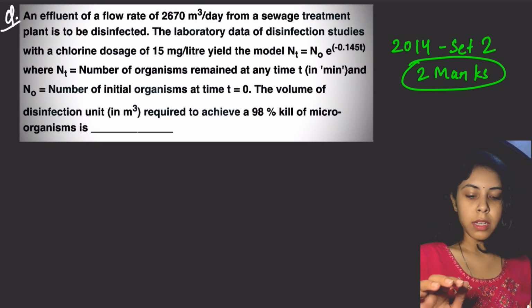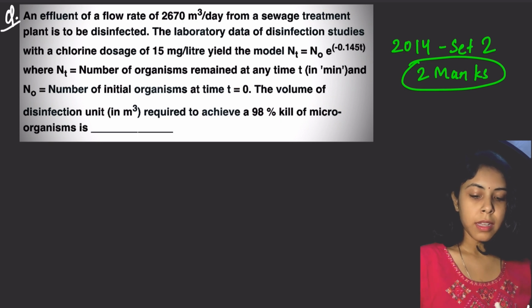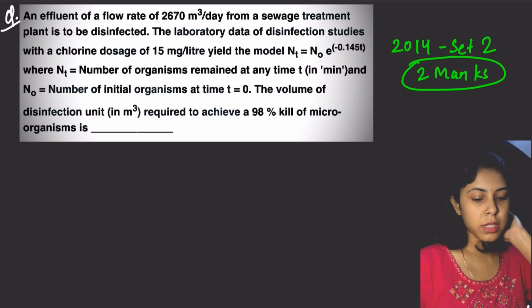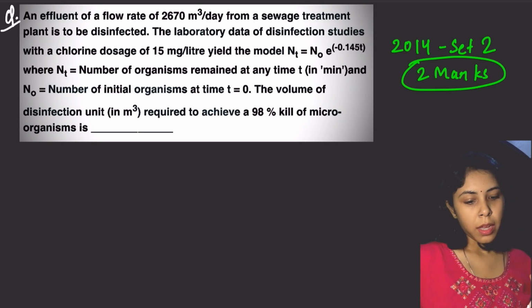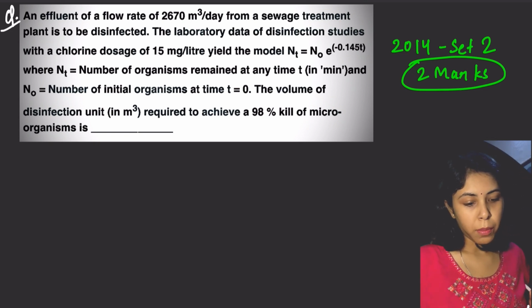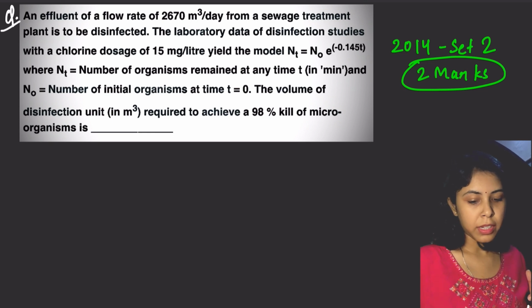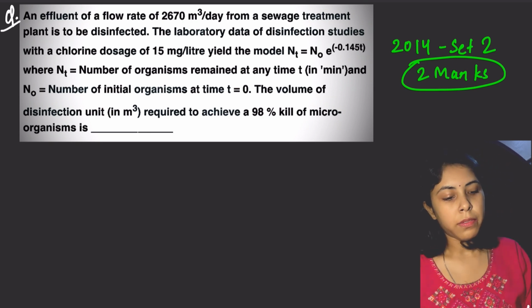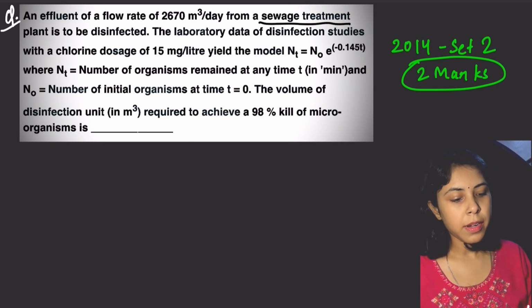So the question we read as: an effluent of a flow rate of 2670 meter cube per day from a sewage treatment plant is to be disinfected. The laboratory data of disinfection studies, see here the word sewage treatment, right?